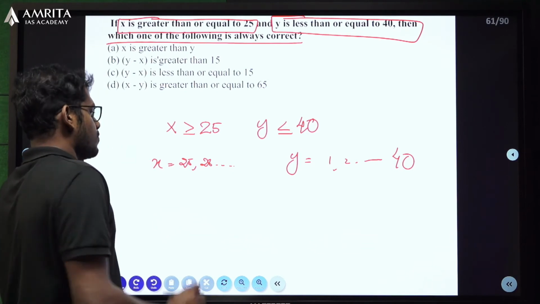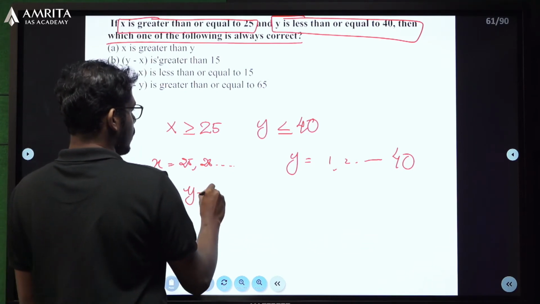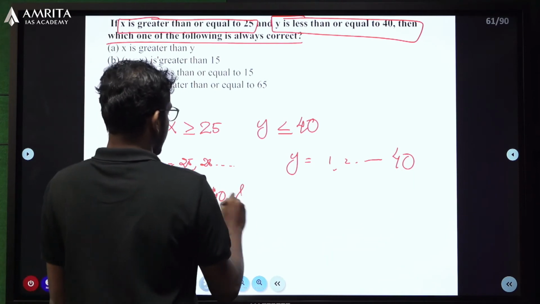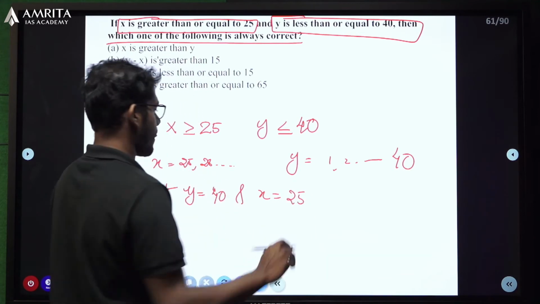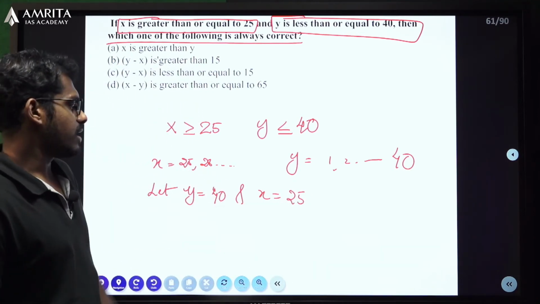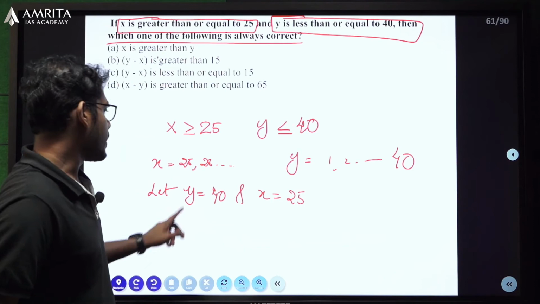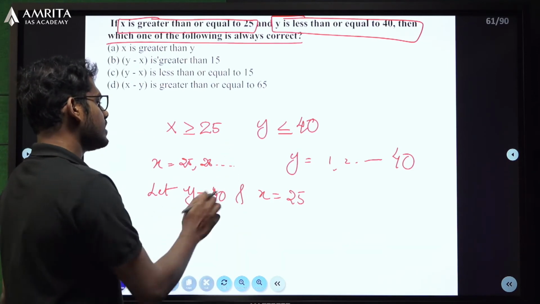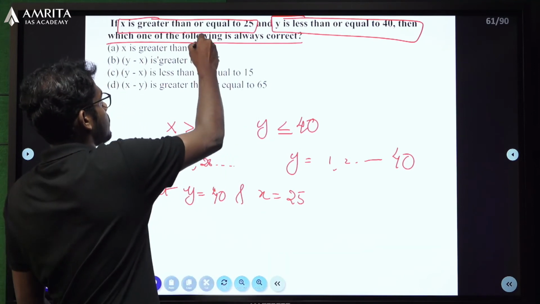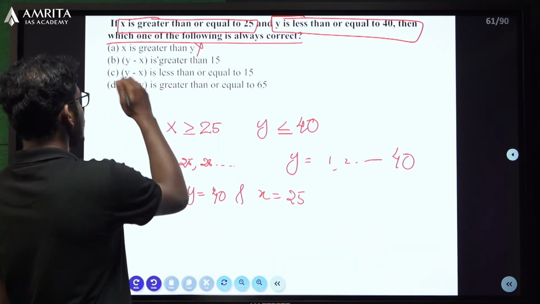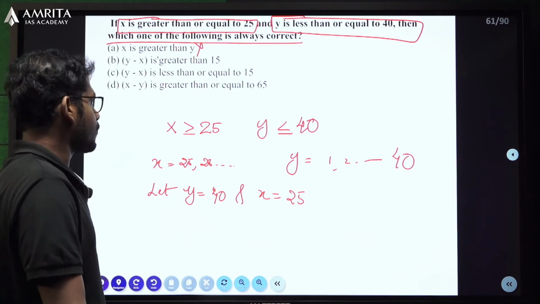Okay. Let the value of y be 40 and x be 25. Let x have the minimum value and y have the maximum value. Is x greater than y? No, actually y is greater than x. So the first statement is wrong. Okay. Y minus x is greater than 50.